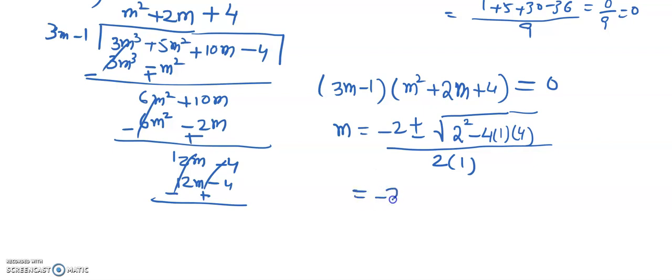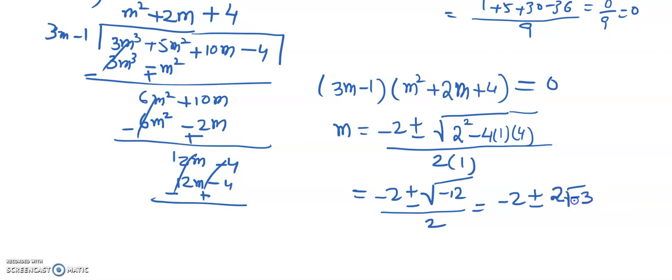So minus 2 plus or minus the square root of 4 minus 16, which is 12. The square root of 12 can be written like this over 2. It will be minus 2 plus or minus, so 12 is 4 times 3, so it will be 2 square root of 2 under root minus 3.